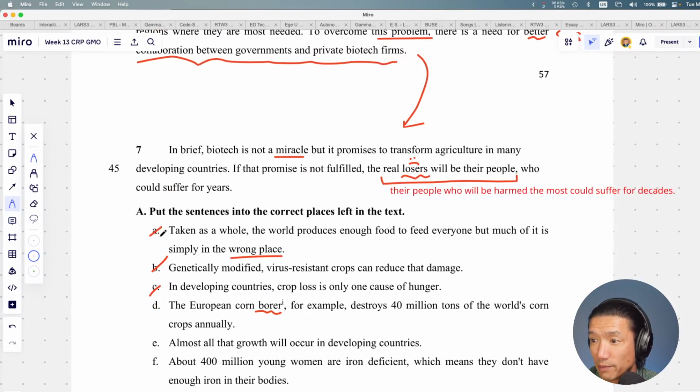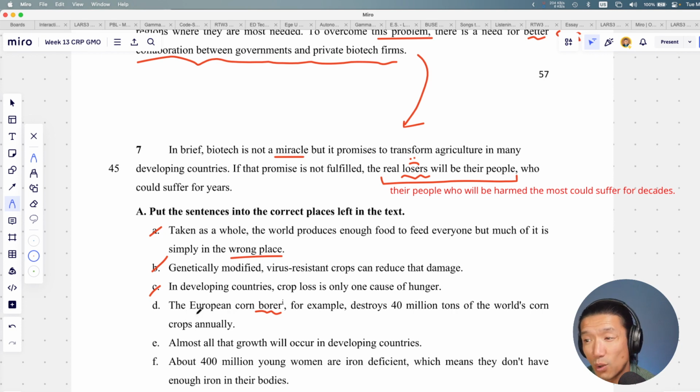The European corn borer, for example, destroys. Notice how they use the commas there, right? We could put this in the front, right? For example, the European corn borer destroys 40 million tons of the world's corn crops annually. They put it in the middle because why? They want you to know the name. This is more important right now. We want to focus on the name.